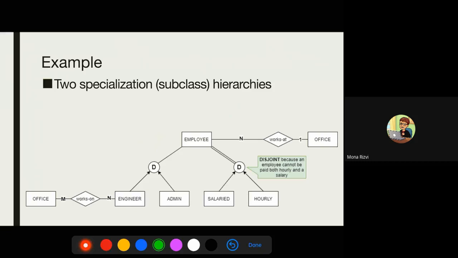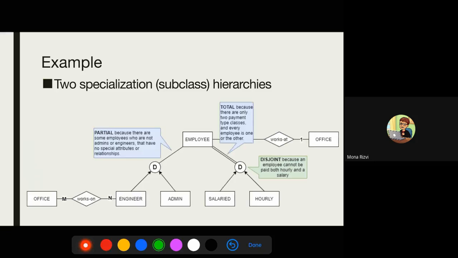So the other constraint on the participation in the hierarchy is shown either by a solid line or a double line. So the double line is for total participation. So all employees either get paid hourly or salary.